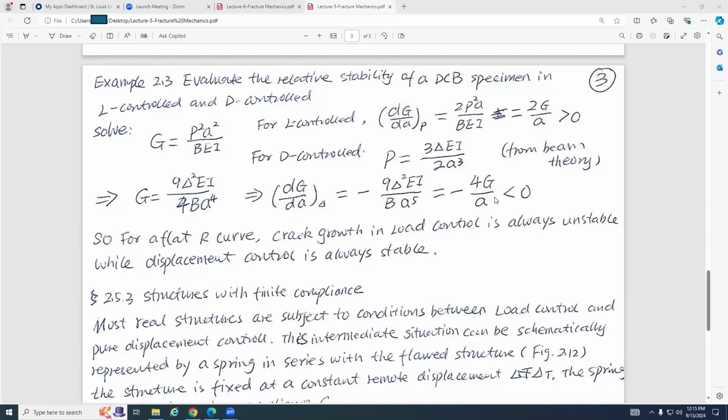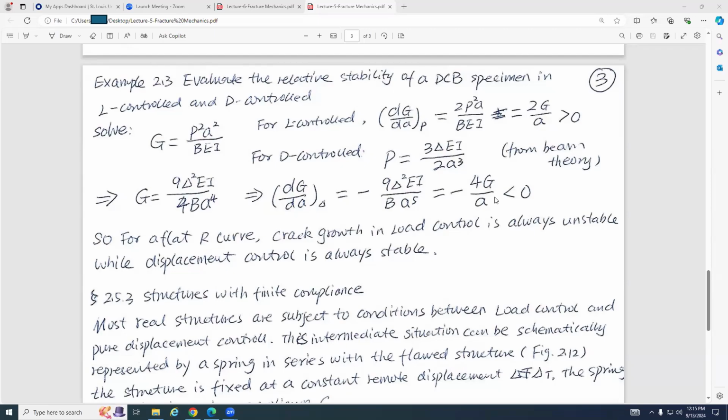As I said, for load control, as long as you go through this point, the crack keeps growing. However, for displacement control, it always goes this way.